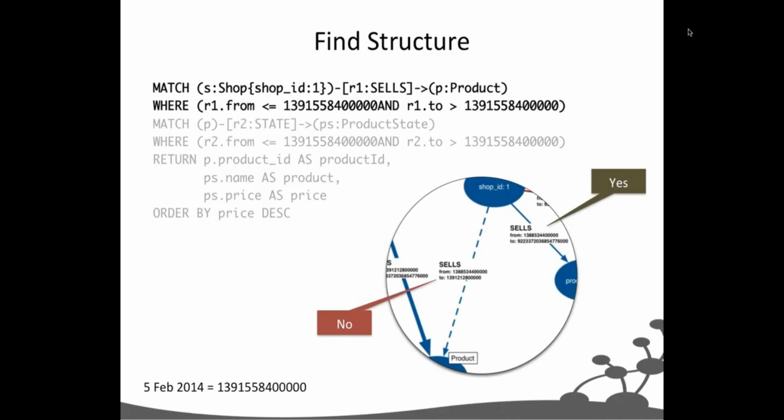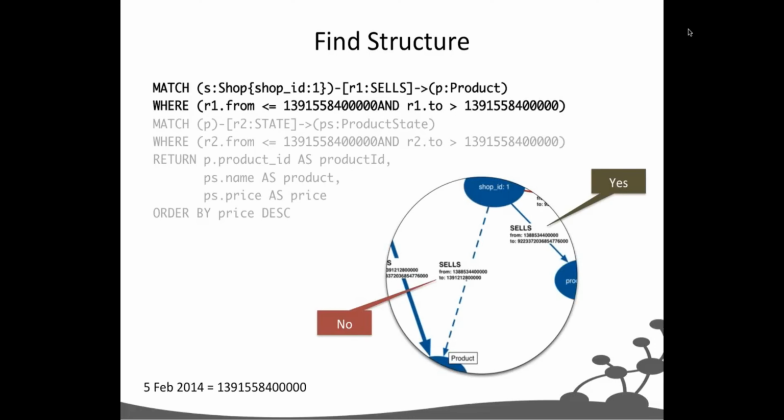So you can see here in the blow up that at the top I've got the identity node that represents Shop 1. It's got two outgoing sales relationships. The one on the left, the dashed sales relationship, doesn't match that where clause.